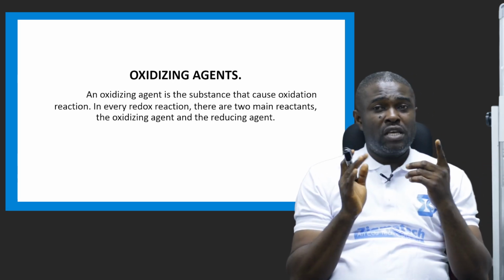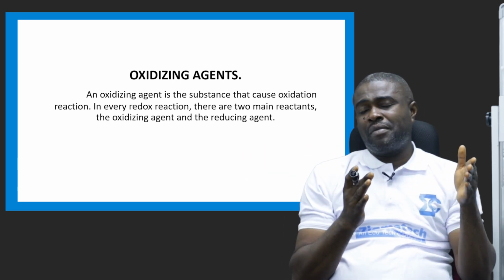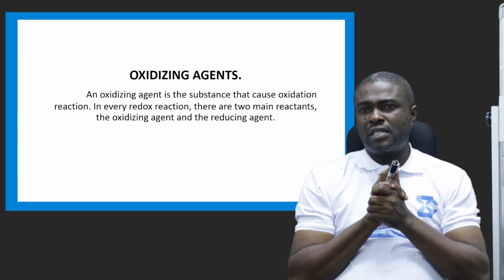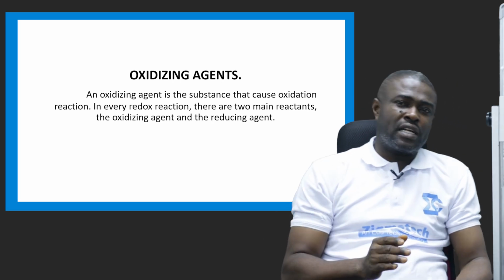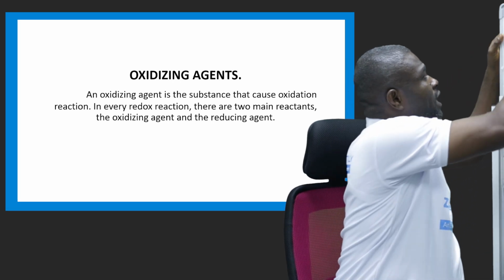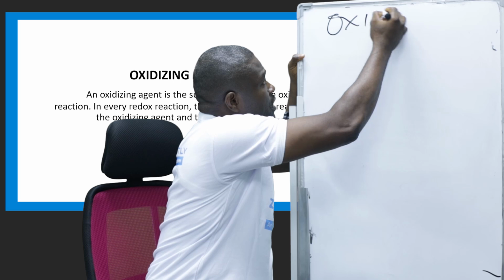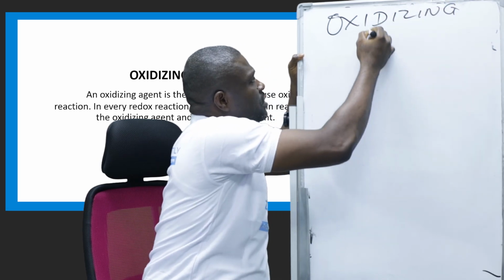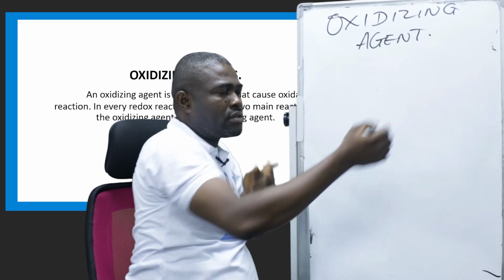I'm not saying that you may not find it at the right-hand side, but basically this is where you find them. They are usually the reactants. So in every redox reaction, there are two main reactants, the oxidizing agent and the reducing agent. We are looking at oxidizing agents.